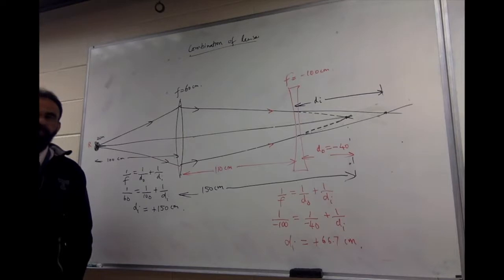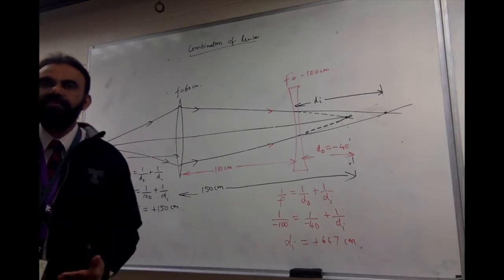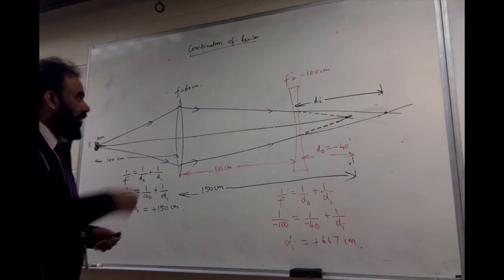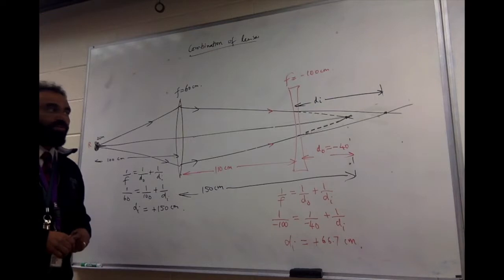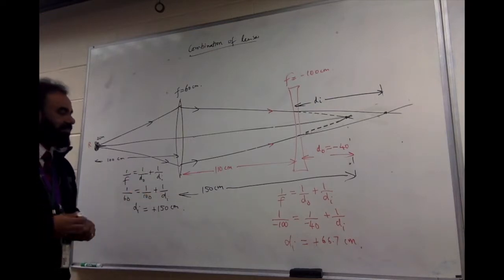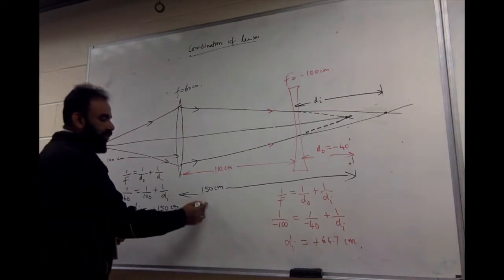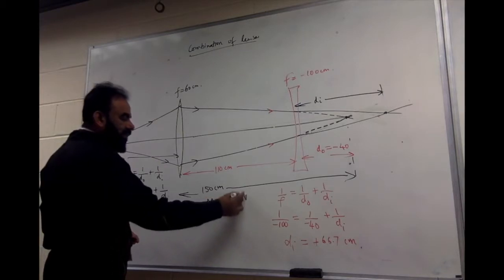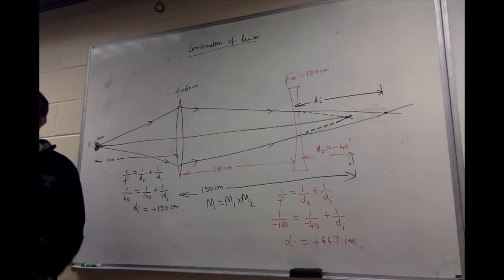What's magnification? The change of size. When you have two magnifications and want the overall magnification, you can use this equation: the overall magnification is the magnification of the first lens times the magnification of the second lens.